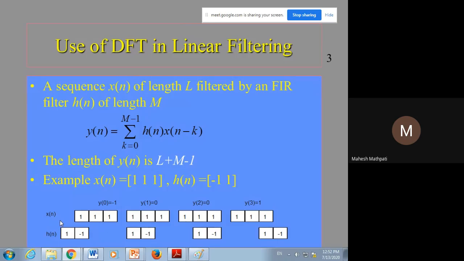What he has written is first the x of n and h of n. It should be h of minus n, not h of n. Just make that correction. So first we write x of n as it is, 1 1 1. Then the second point he has written is h of minus n.